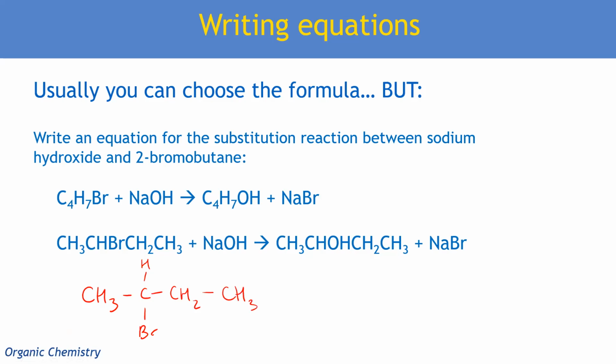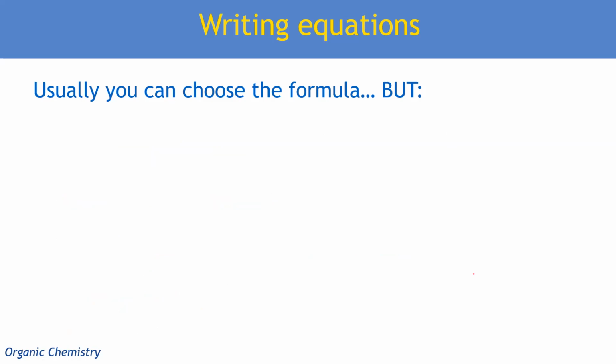You're much less likely then to make mistakes in terms of putting the wrong number of hydrogens in, because you can see your 4 things around your carbon, and then you're just going to swap and put the OH in there. Again, you could do it fully displayed if you want to. It just might take a long time, and you might miss a bond out if you try to do it fully displayed. So doing a little combination like that is much more useful.